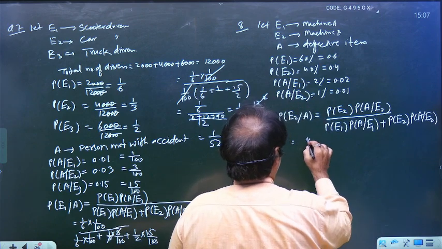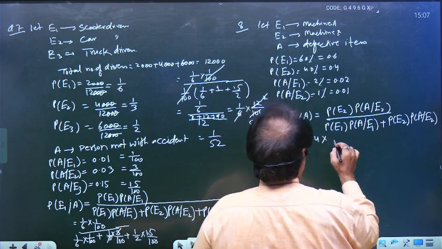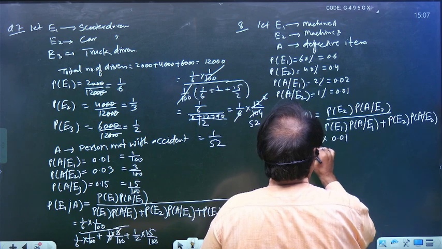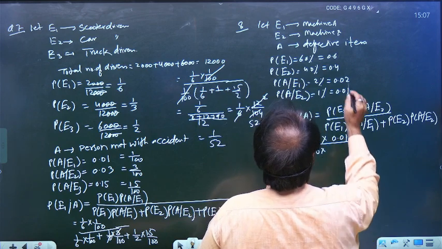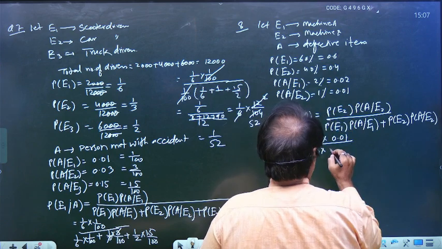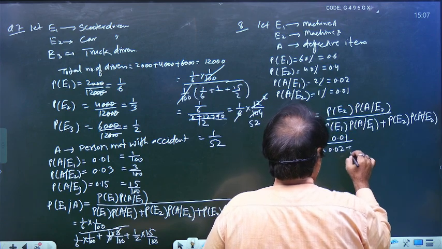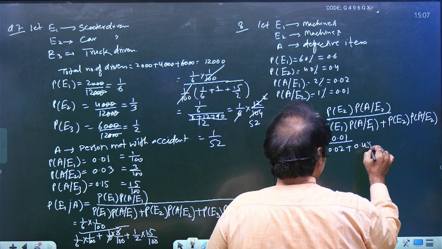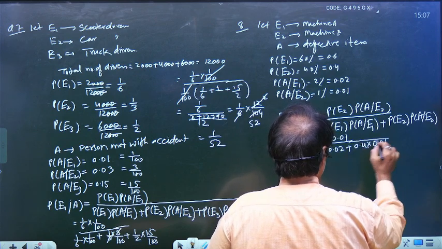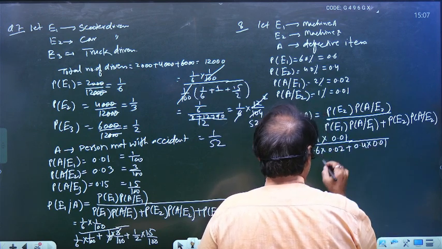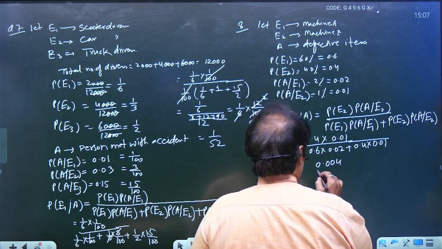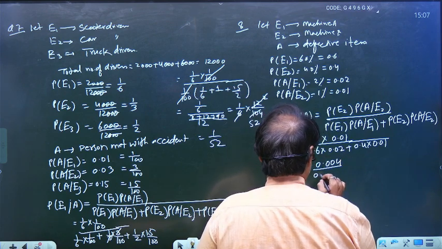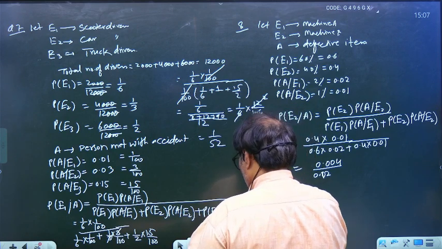Probability of E2 is 0.4 and A by E2 is 0.01, E1 is 0.6, A by E1 is 0.02. Then 0.4 into 0.01 will be equal to 4 ones are 4, 0.004, and 6 twos are 12, so 0.012.